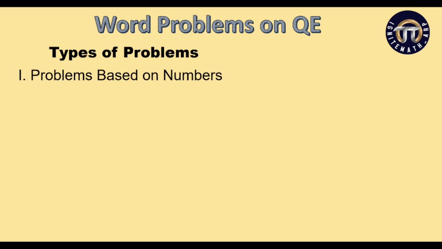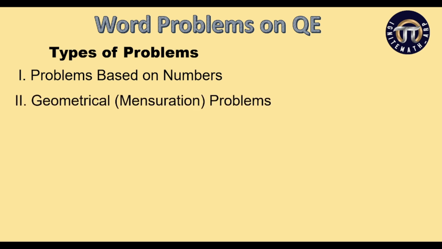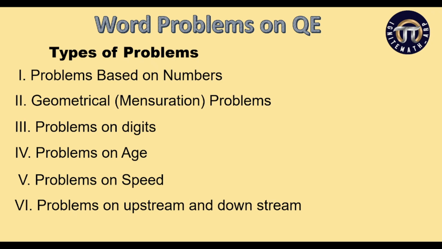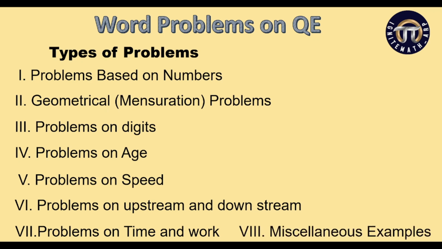First of all, we get problems based upon numbers, geometrical or mensuration related problems, problems on digits, problems on ages, problems on speed, problems on upstream and downstream, and problems on time and work. Some miscellaneous examples we are also going to solve in today's session.